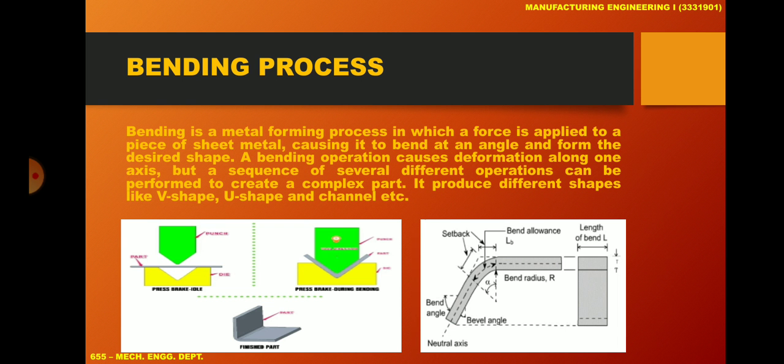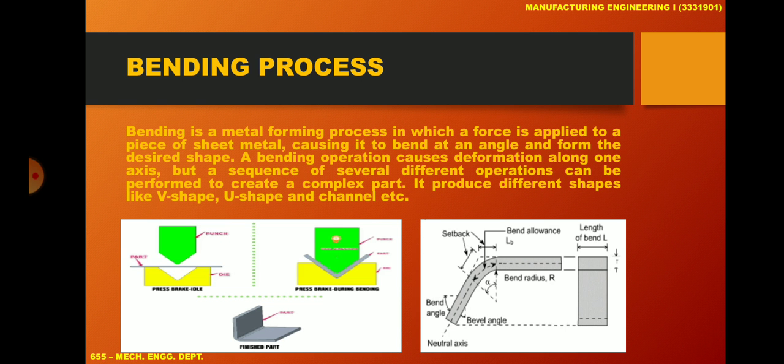Here some phenomena of bending are given. The angle at which the bend occurs is known as the bending angle, and where it's bigger, it's known as the bevel angle. And the place where the bending occurs is known as the setback position.